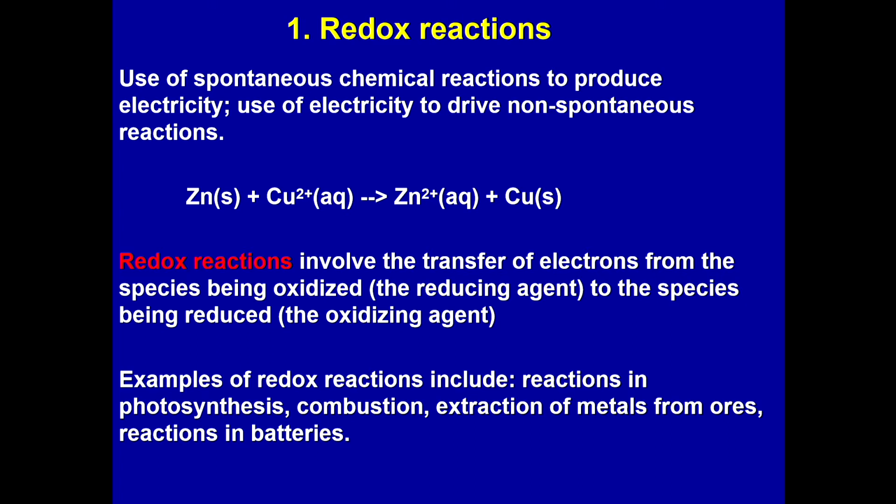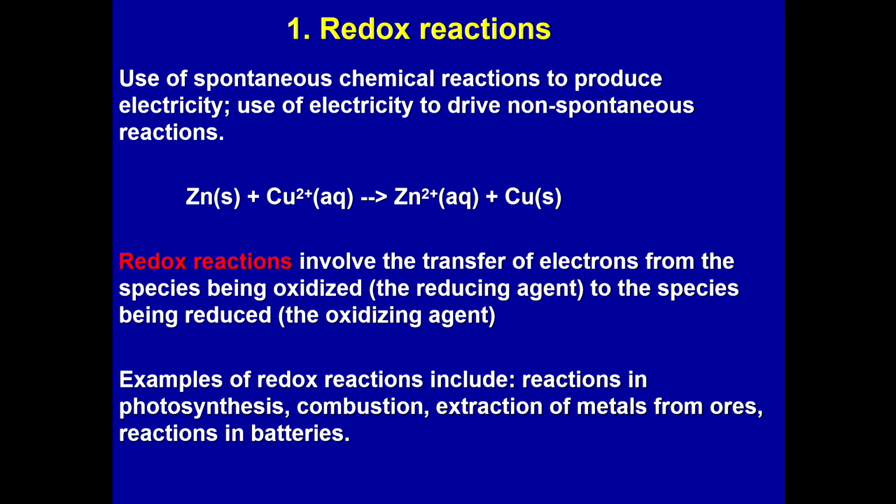If they are spontaneous, we can use these spontaneous redox reactions to produce electricity. This is also about electrochemistry.